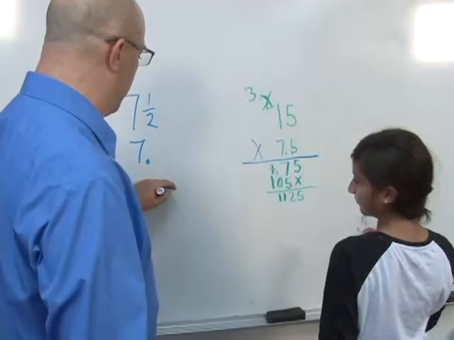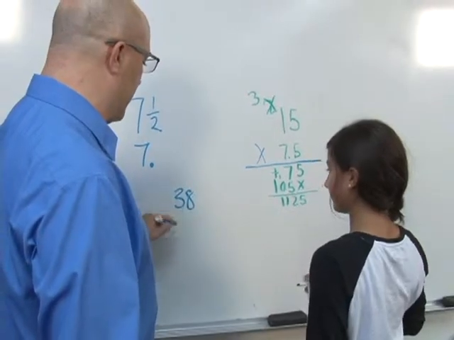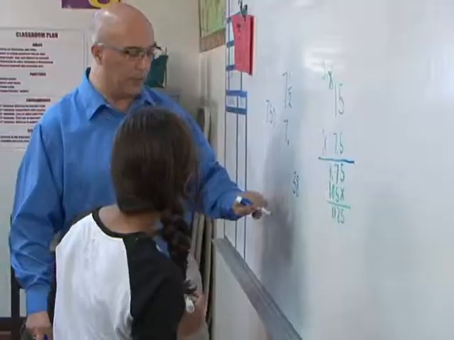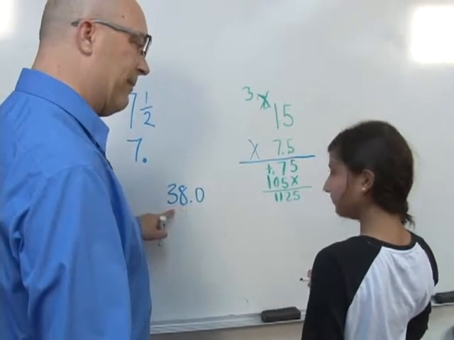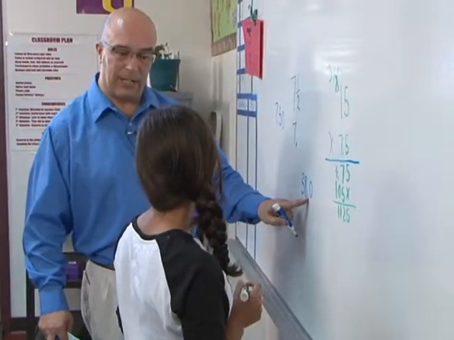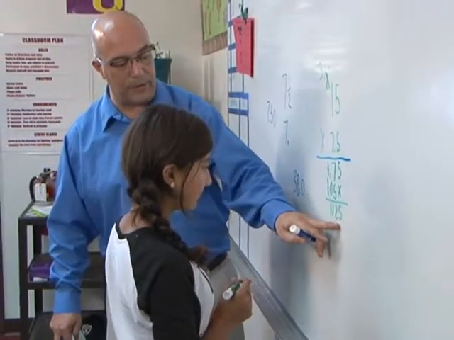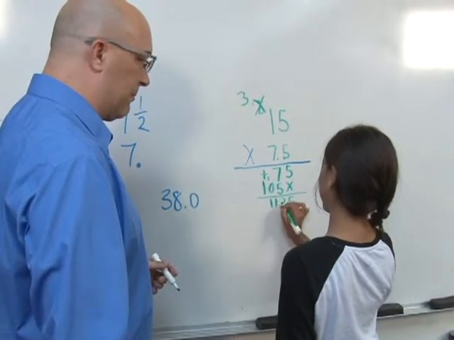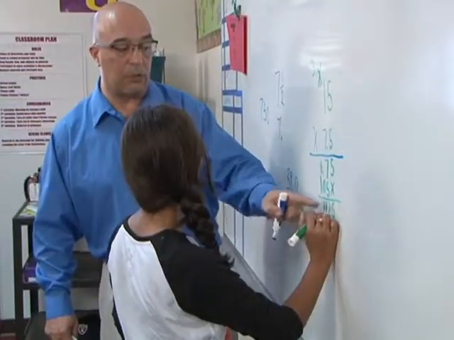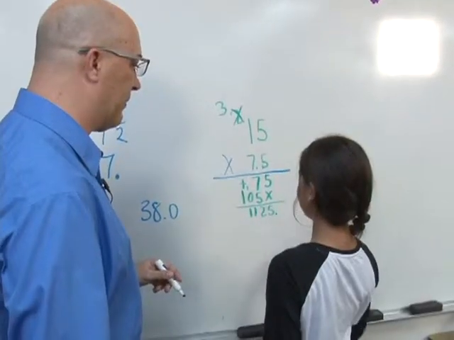Like if I wrote 38, is there a decimal anywhere in there? No. No, so I would just put it at the end, because 38 is the same as 38.0, isn't it? It always goes at the end. So if we had 1,125, right now, where would the decimal go? Well, we just go at the end, right?